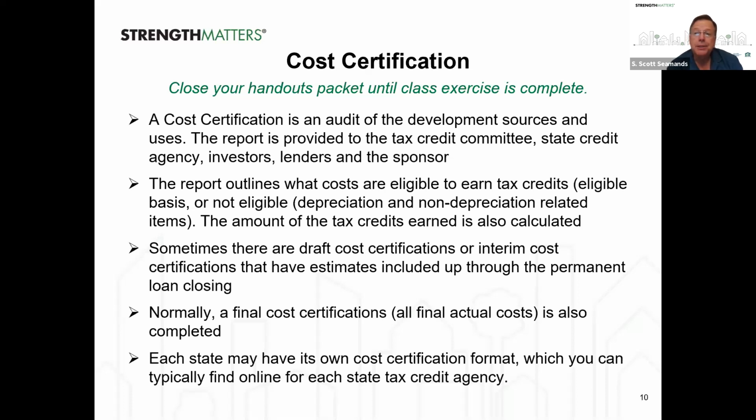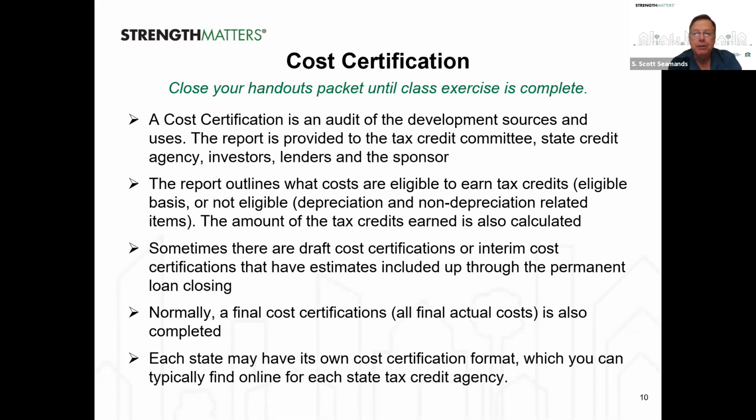Both of them are audits. And the truing up of the interim to the final is usually a fairly minor thing where you're just pulling out a few estimates and putting in some actuals and making sure that it still balances the sources and the uses. So if you do have that situation, it's important to make sure that you're focusing ultimately on the final version, not the interim version, because things do have a tendency to slip around during that finalization process.